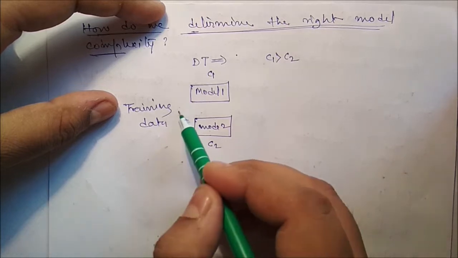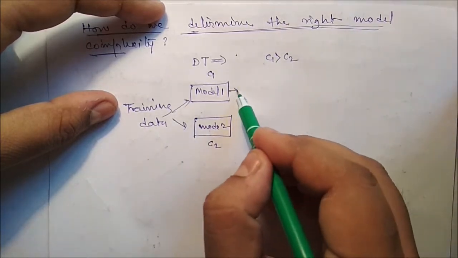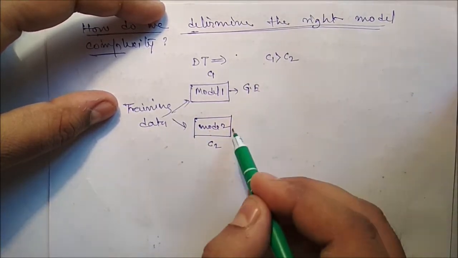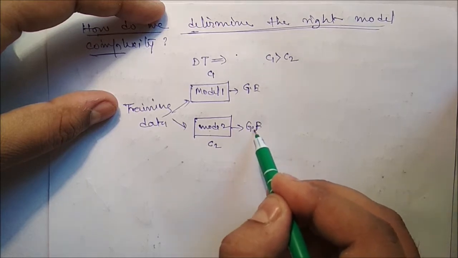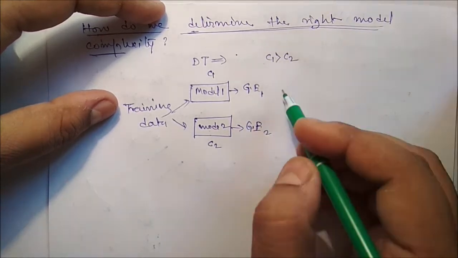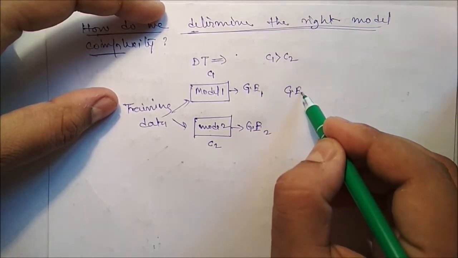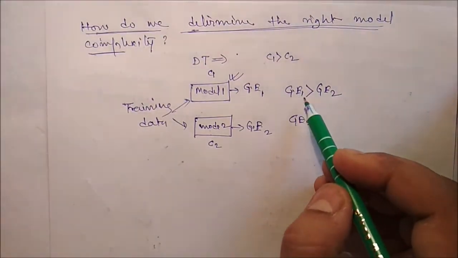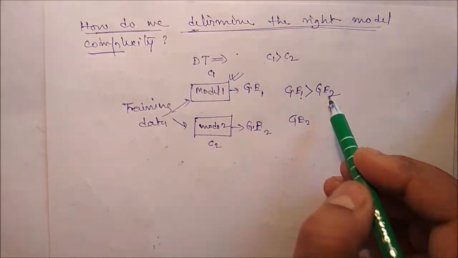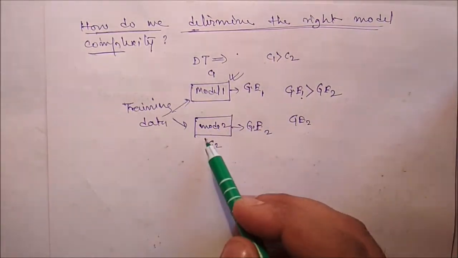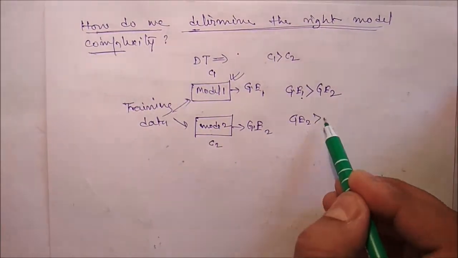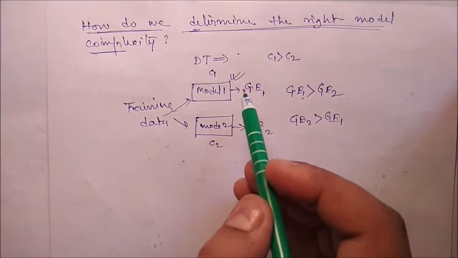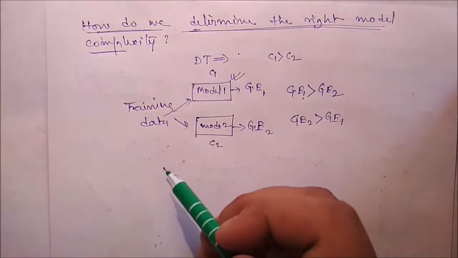If you use the same training data, it will give the generalization error. If generalization error 1 is more than generalization error 2, we have to select model 2. But if generalization error 2 is greater than generalization error 1, we have to select model 1.